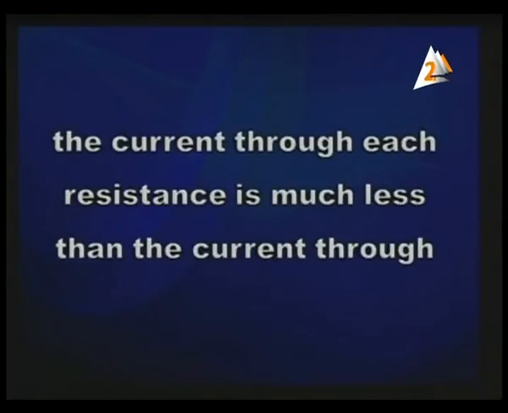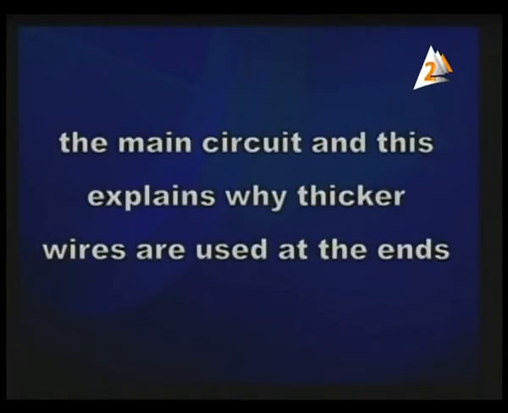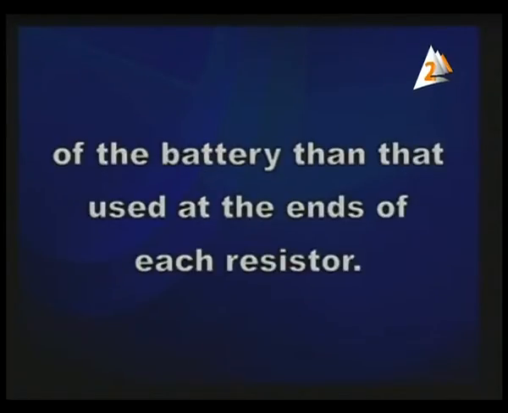The current through each resistance is much less than the current through the main circuit. And this explains why thicker wires are used at the ends of the battery than the wire used at the ends of each resistor.